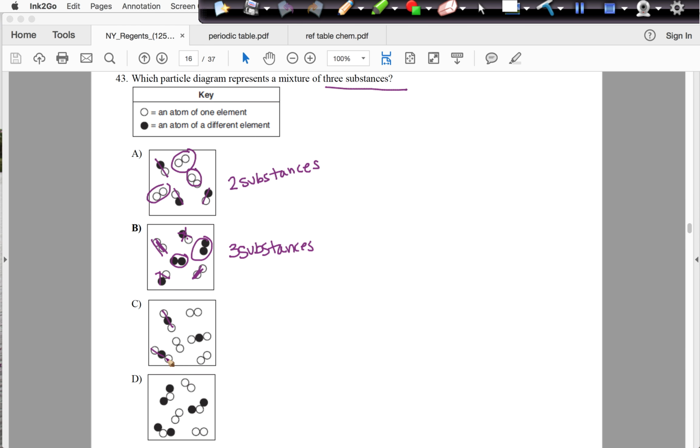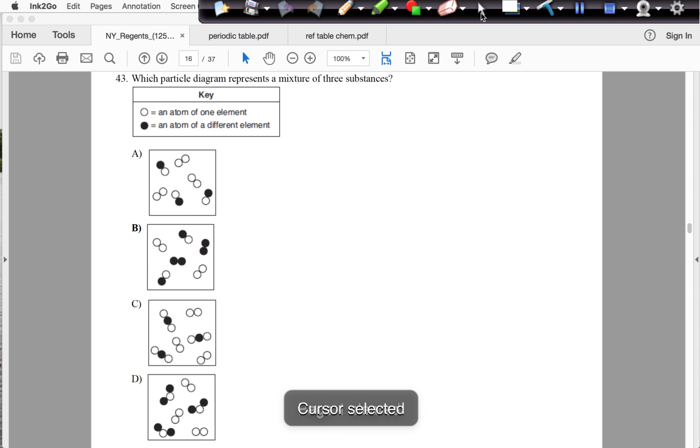Here we have 2 substances, and here we have 2 substances. So these are all mixtures because they contain different kinds of molecules, different kinds of connected atoms. But 1, 3, and 4 have 2 substances each. B, or 2, has 3 substances because it has 3 different kinds of molecules.